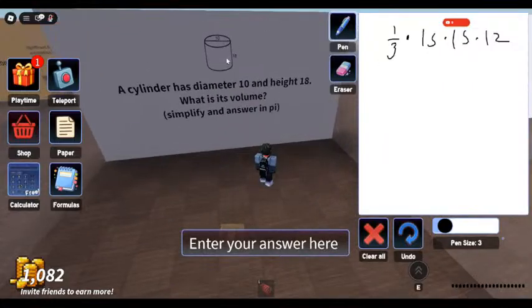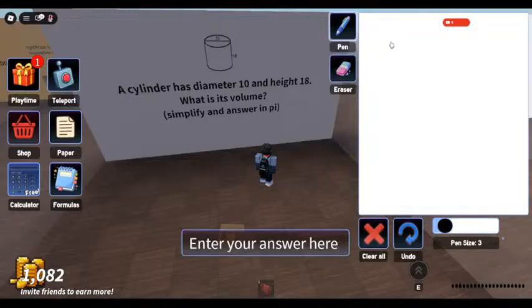A cylinder. So then diameter, we only need the volume. Pi r squared is the area of a circle.